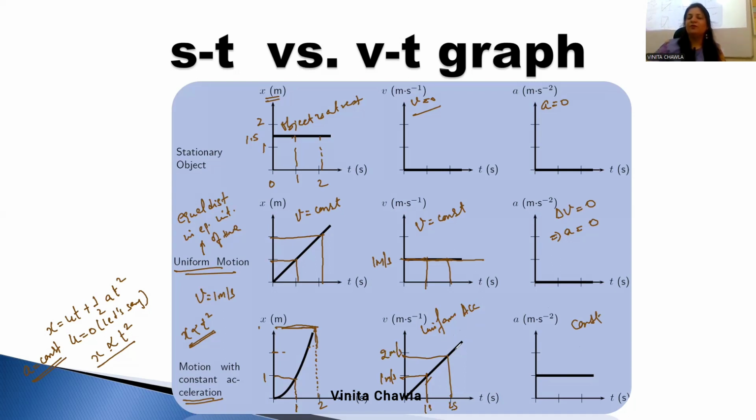So if we find the acceleration by finding slope, we'll get the acceleration as 1 meter per second square. So here we can draw 1 meter per second square. At time t equals to 0, acceleration is this. At time t equals to 1, acceleration is 1 meter per second square. At time t equals to 2, acceleration is again 1 meter per second square. So every time we are getting the same value of acceleration. So acceleration is constant.